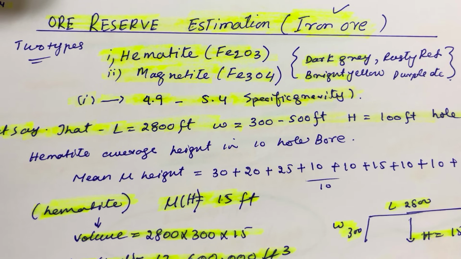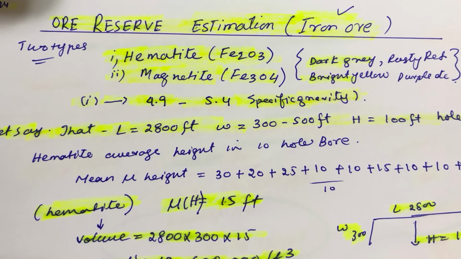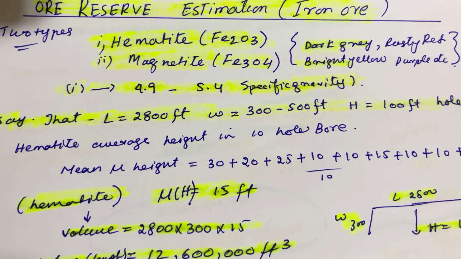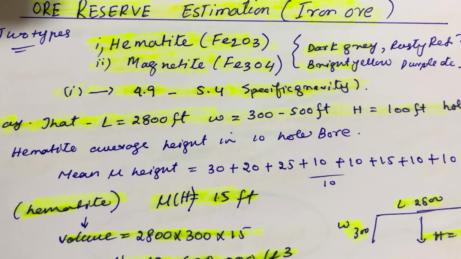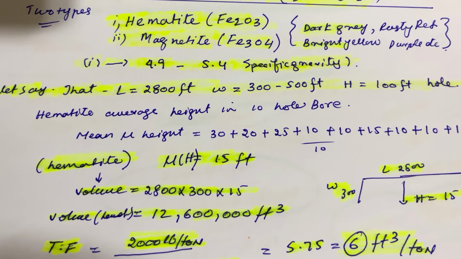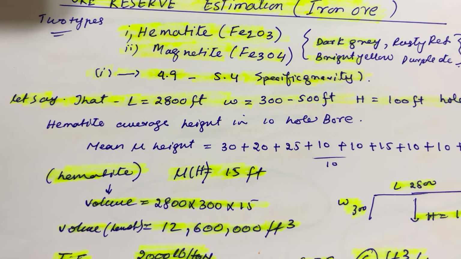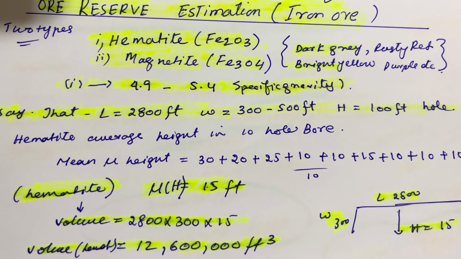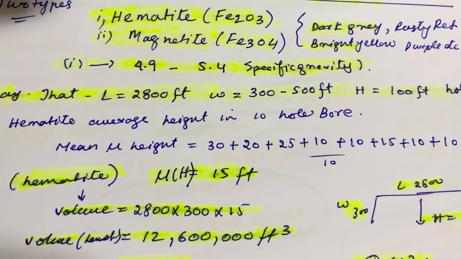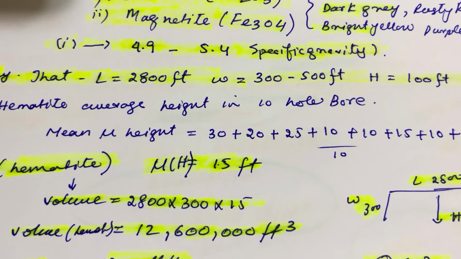Rock is actually an aggregate of minerals. So that's two types. I took the example of hematite, and hematite specific gravity is from 4.9 to 5.4. As I showed you in the other slide at the beginning, the length is 2800 feet over the 10 holes in the cross section, the width is 300 to 500 feet, and the height we take is 100 feet each hole.